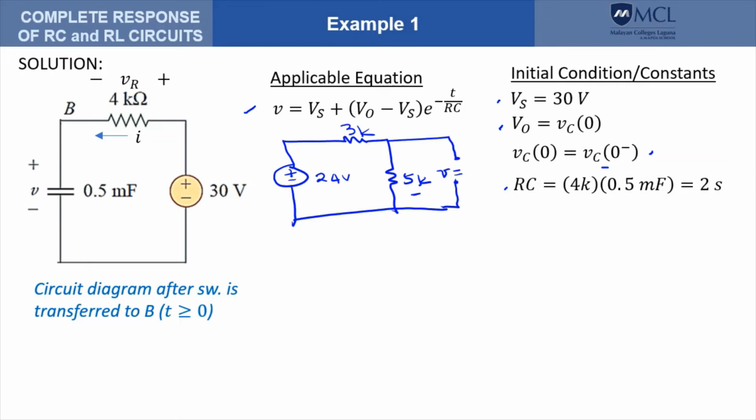So let me write it here. So V is 24 times 5 over 5 plus 3, okay? So this will give you 15 volts.